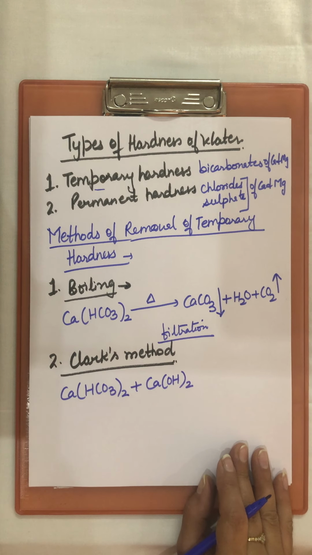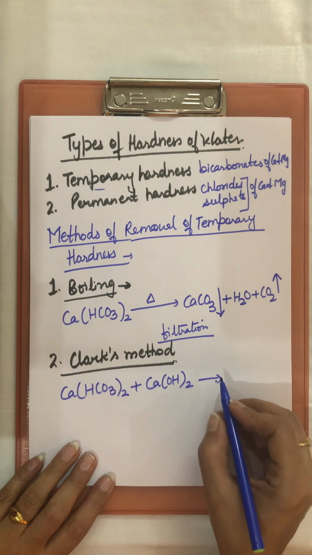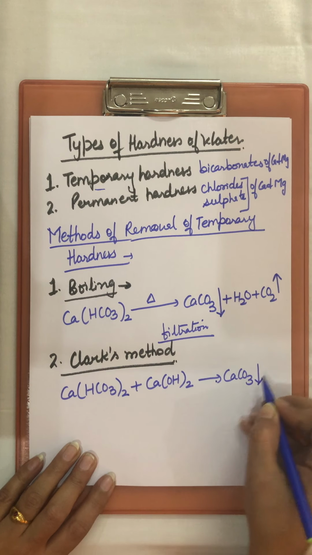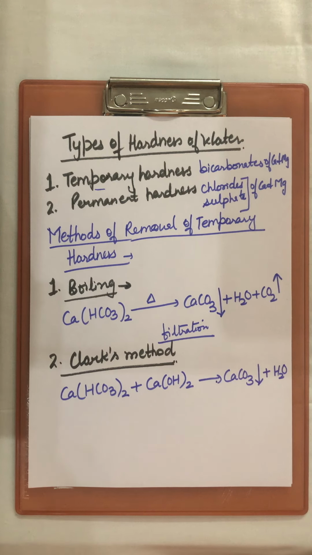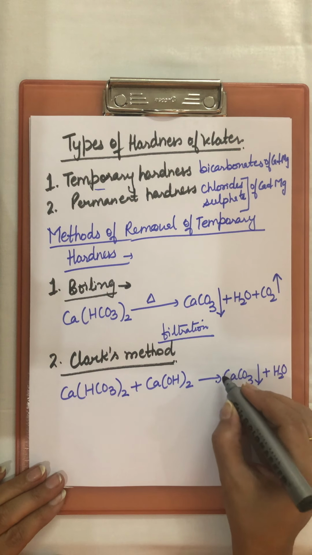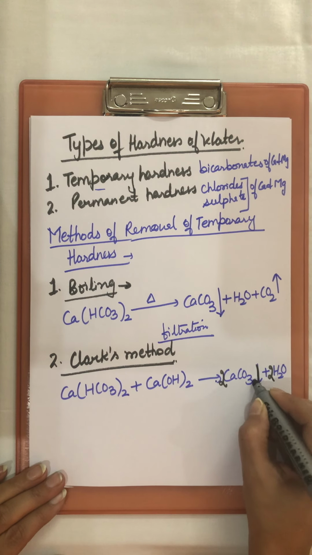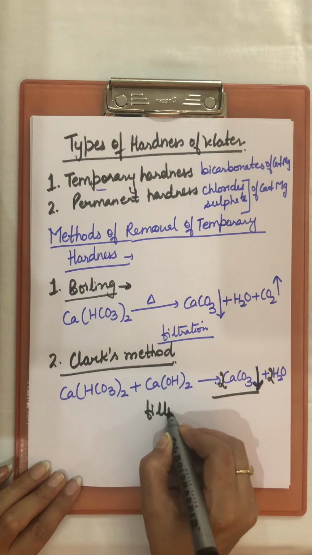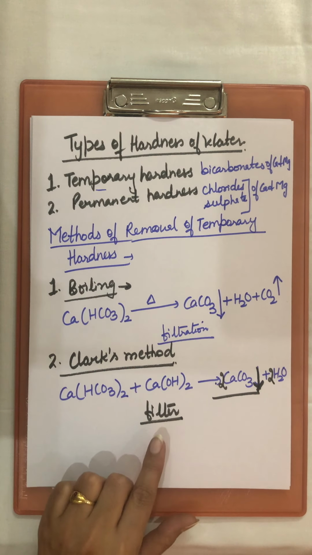On adding calcium hydroxide, calcium carbonate forms, again insoluble, plus water. So the bicarbonate has completely changed to the carbonate, which settles down as precipitates. Again we filter this water and hence we can remove the temporary hardness of water.